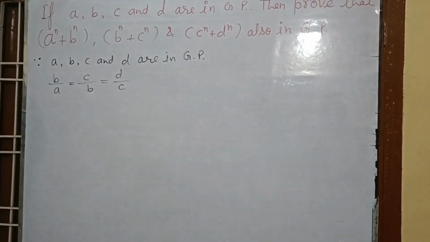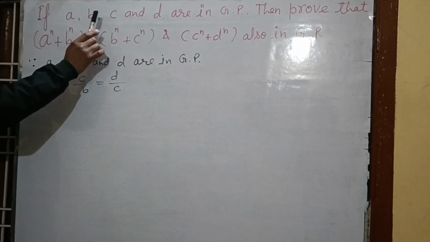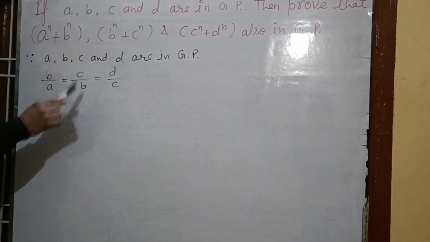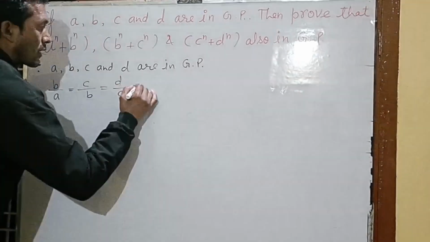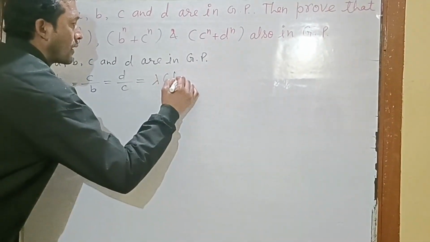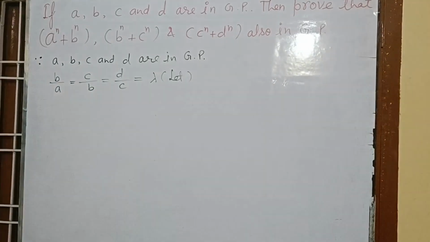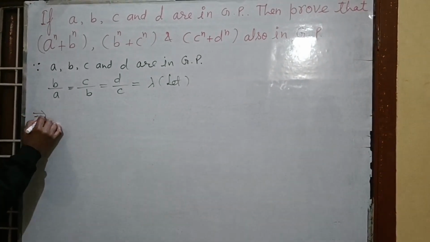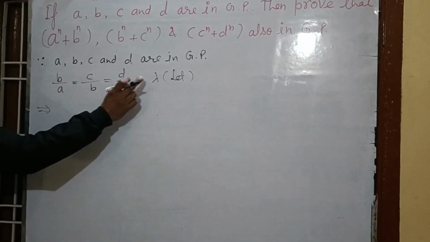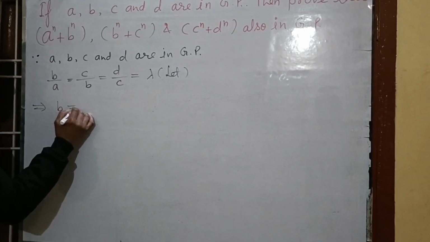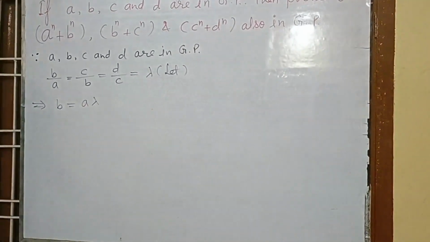Then B upon A equals lambda, that means B equals A lambda.